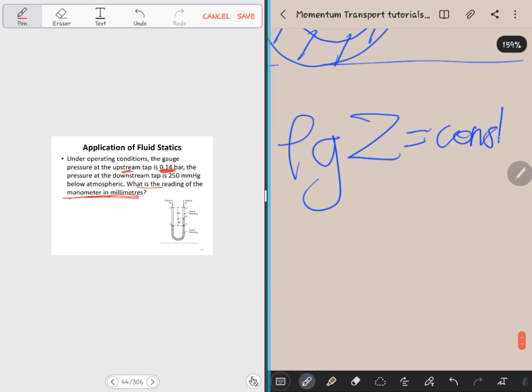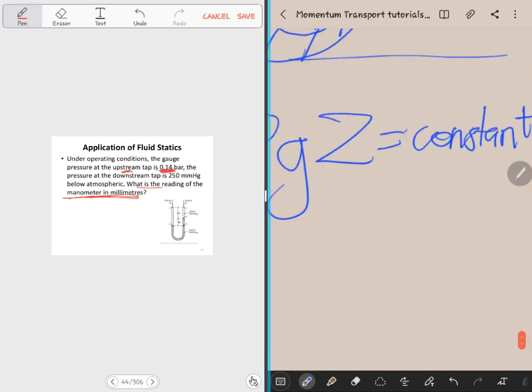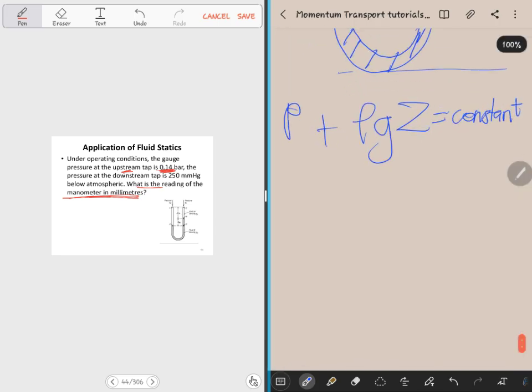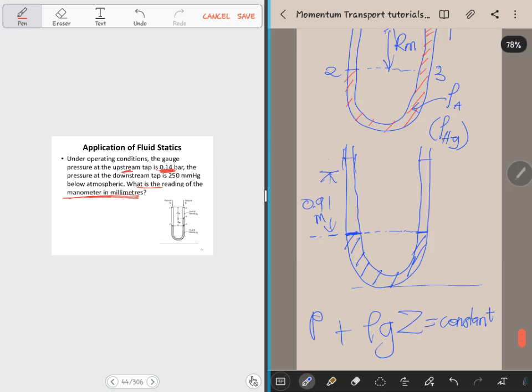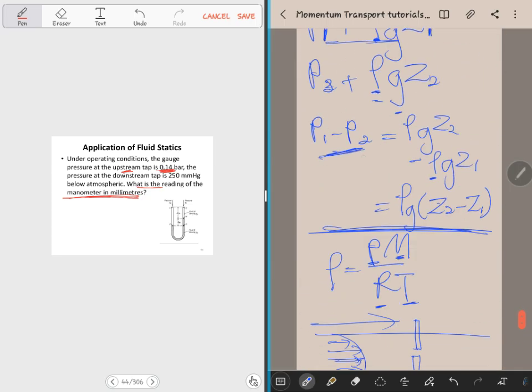We've been writing this over and over again because it's very important that you get this. This is basically the hydrostatic equation that we are using in barometric analysis. Then again, we rewrote this and we got something like this, right?